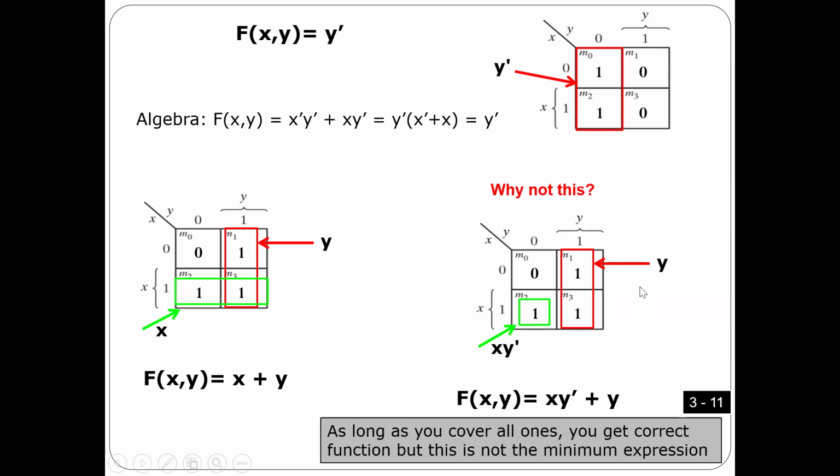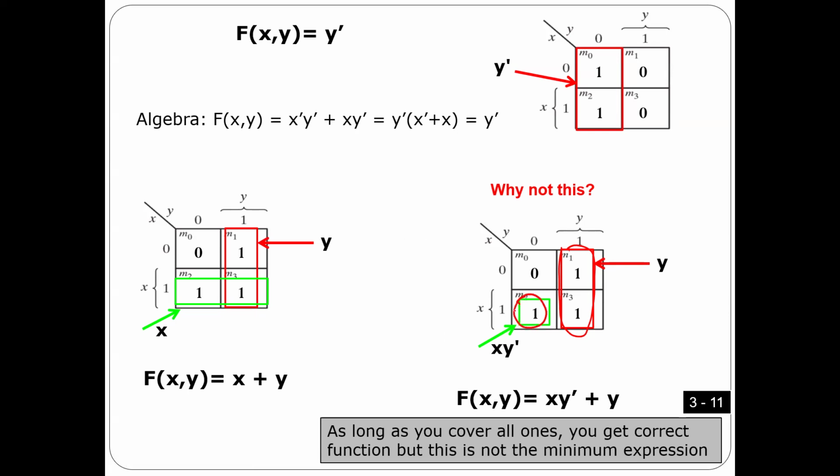Pay attention to this one. If I have a case like this, with 1, 1, 1 this way, again, you need to cover all ones. Someone can say, I can combine these two together as one group and keep this one alone.